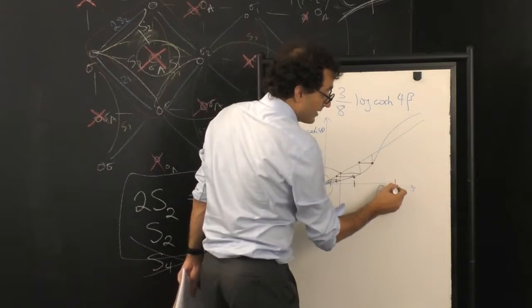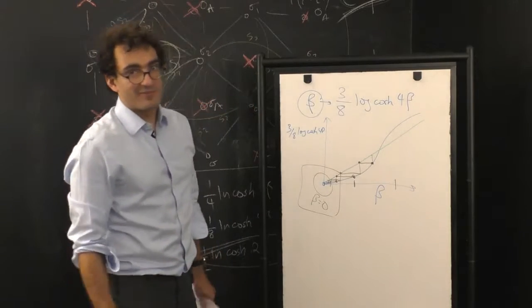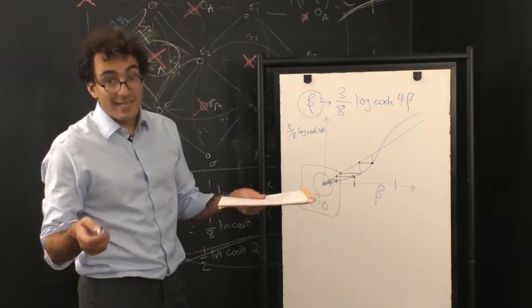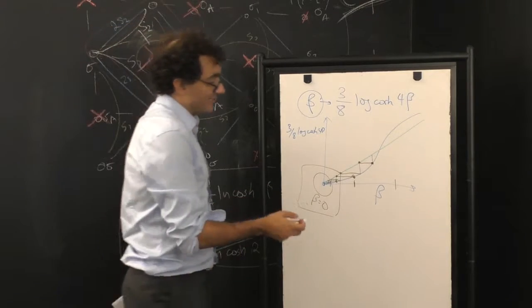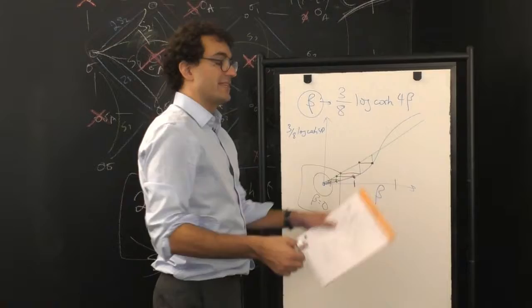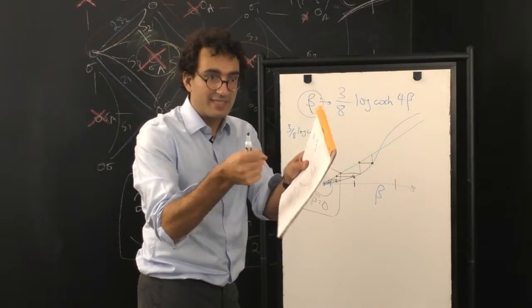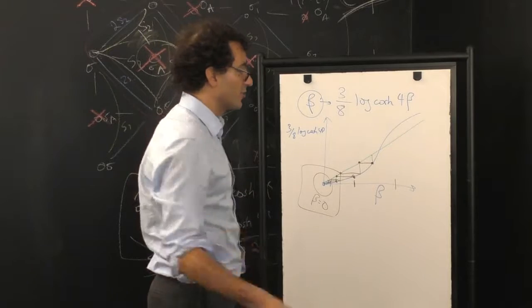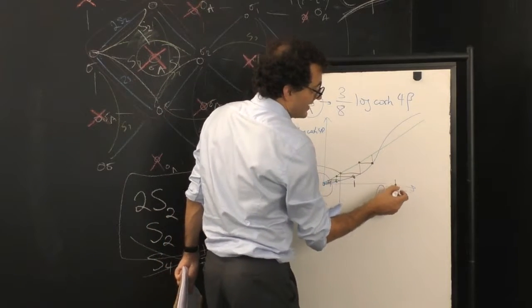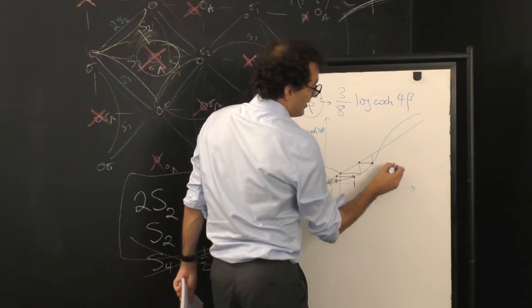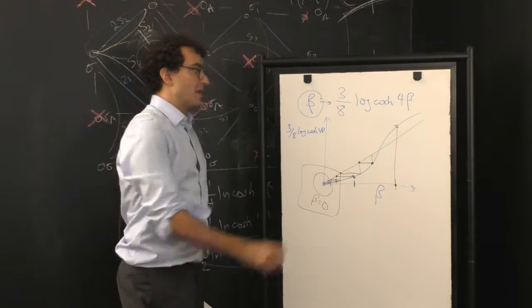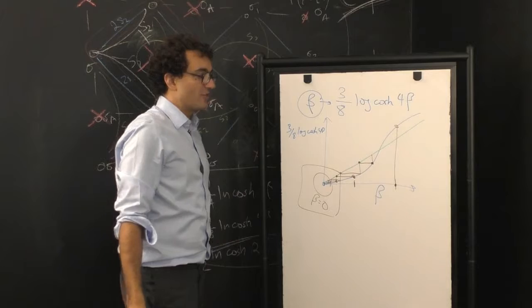Okay, let's take a very large value of beta. For a physicist, that corresponds to a low temperature. Beta is the inverse temperature. For the rest of us, we can just think of a large beta, meaning that nodes really like to be in the same state. You're much more likely to find patches where all the nodes agree on the value. And in that case, when beta is large, then when we do the renormalization group transformation, beta goes to 3/8 log cosh 4 beta.